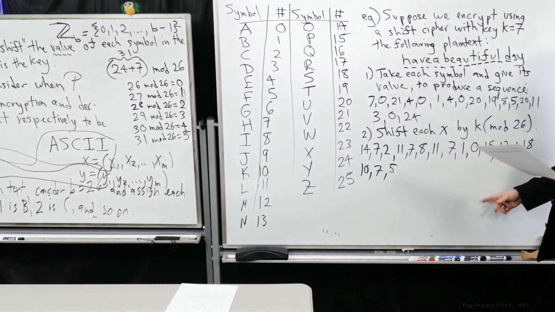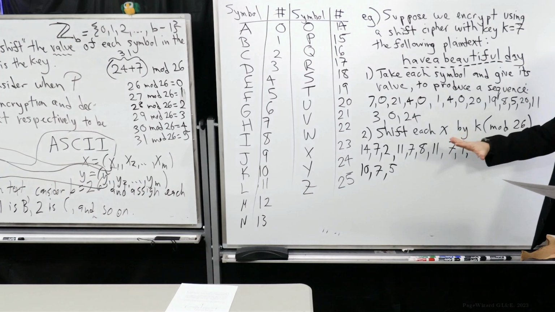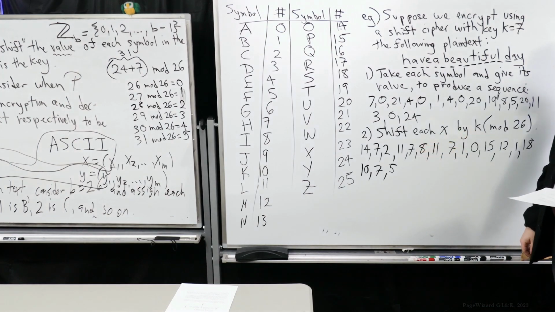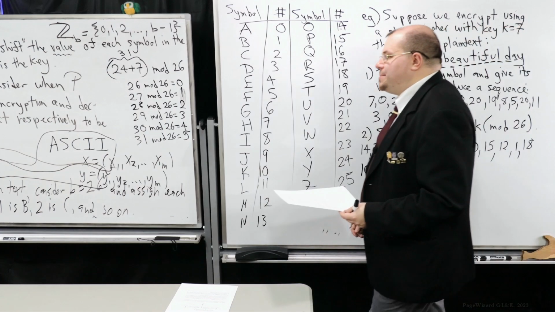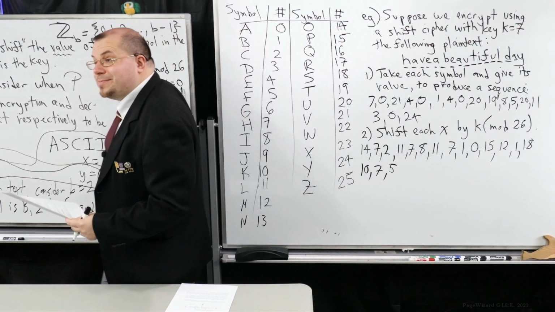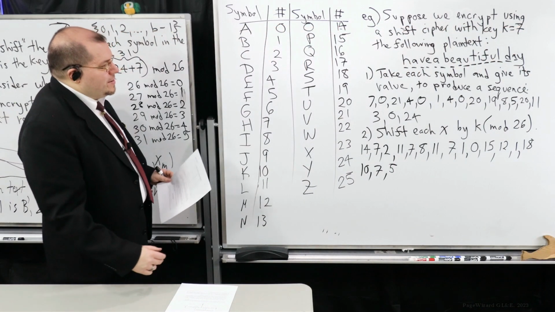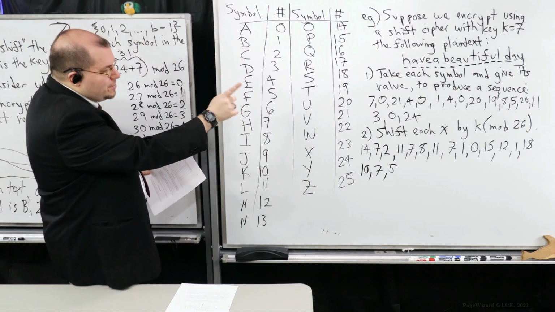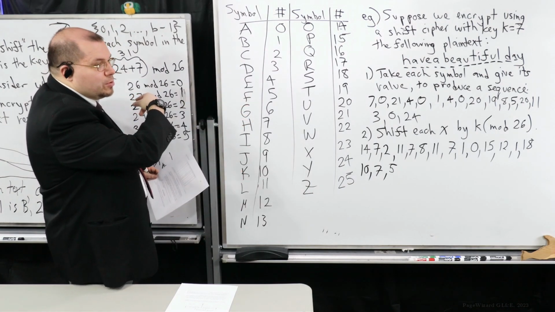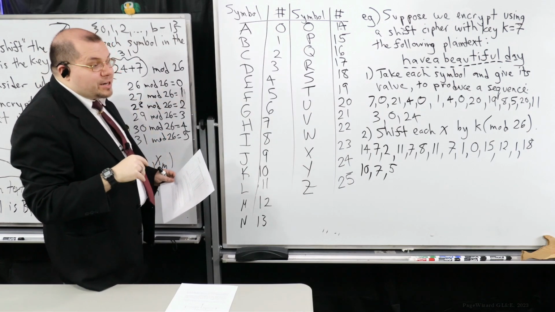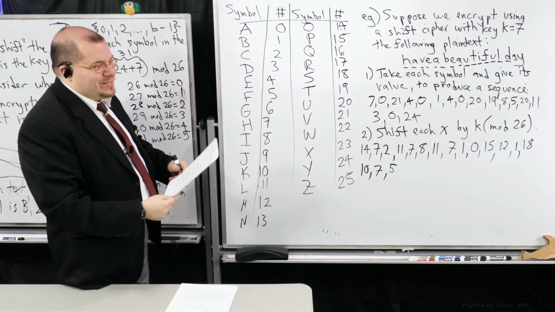So now I have to take each one of these numbers and convert it back to its corresponding symbol. So I've applied the encryption now to the numbers as per our rule over here. Now we need to actually represent them as symbols.